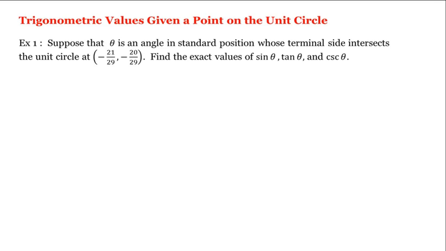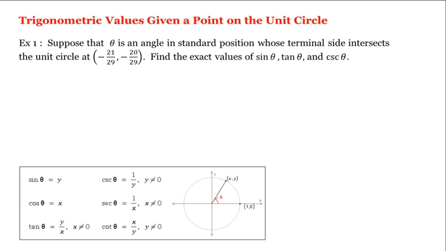Now we define the trigonometric functions in terms of coordinates of points on the unit circle as follows. Suppose that theta is an angle in standard position whose terminal side intersects the unit circle at (x, y). Then the 6 trigonometric functions are defined as follows.